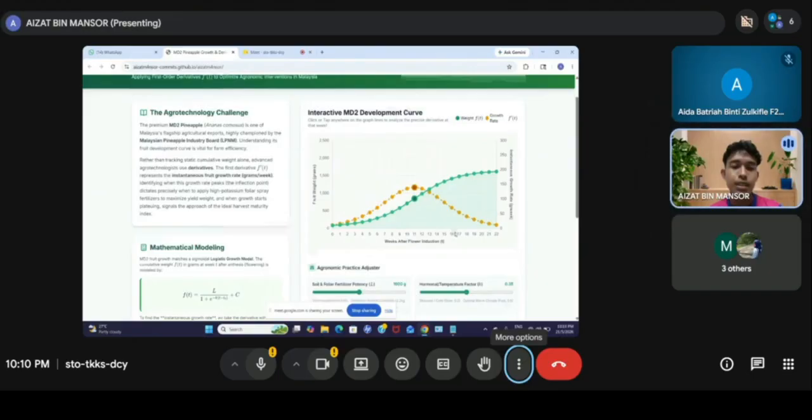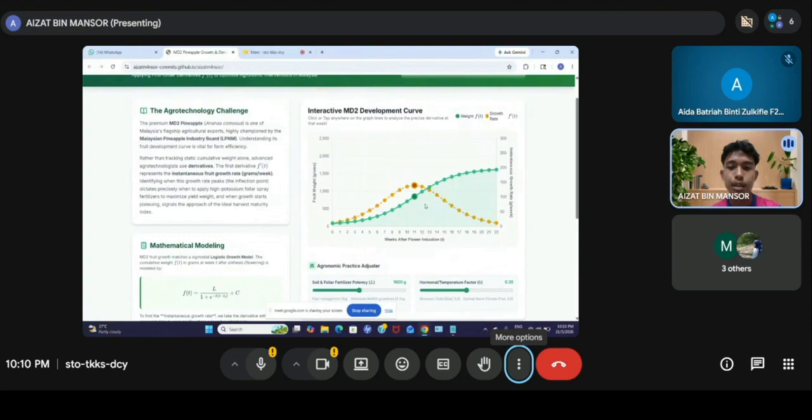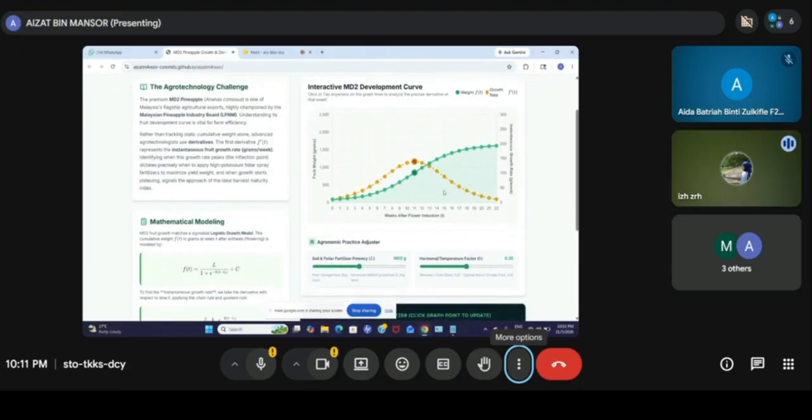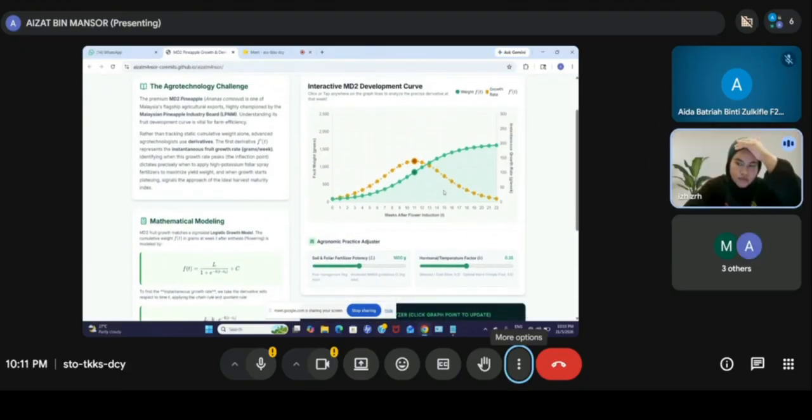In the application, the function represents the cumulative fruit weight over time, while the derivative represents the instantaneous growth rate in gram per week. To model the fruit growth, I use the logistic growth model because pineapple growth follows an S-shaped curve.